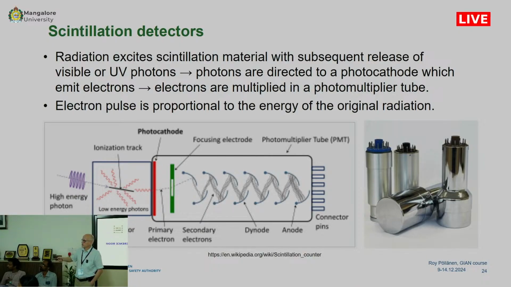Then there is the so-called photocathode that makes this signal release an electron, which is multiplied here, and we get a signal out. These are the connector pins here. There are scintillation detectors here. So the electron pulse is proportional to the energy of the original radiation.